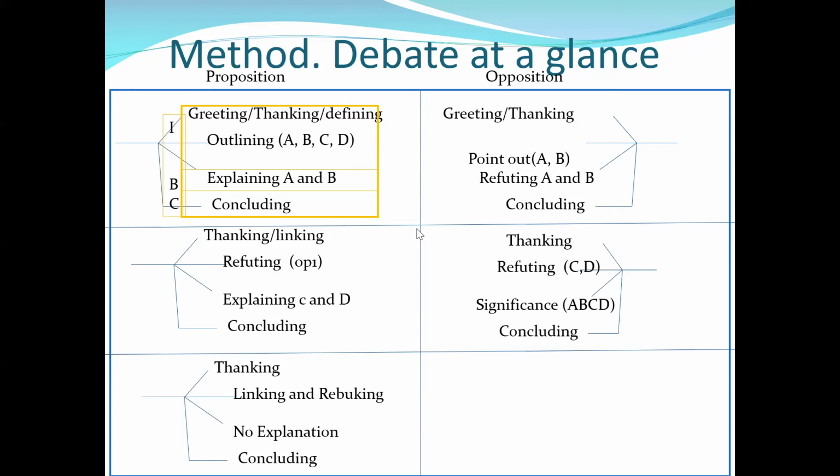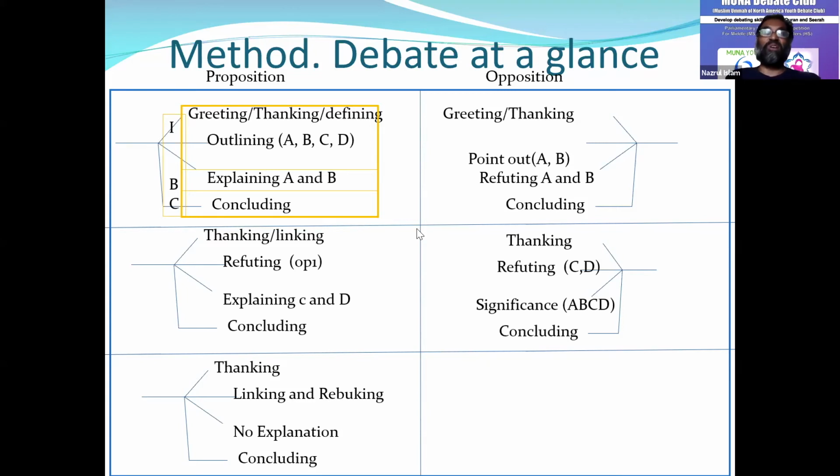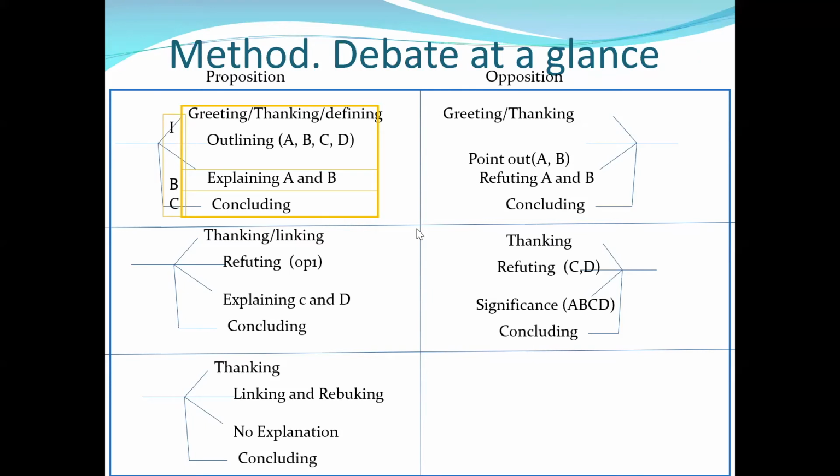I have a question. Yes, go ahead. So basically opposition pretty much just refutes the whole debate. This is what the debate is. Whatever point is raised by the proposition, you are not agreeing with them. So opposition doesn't have any points?